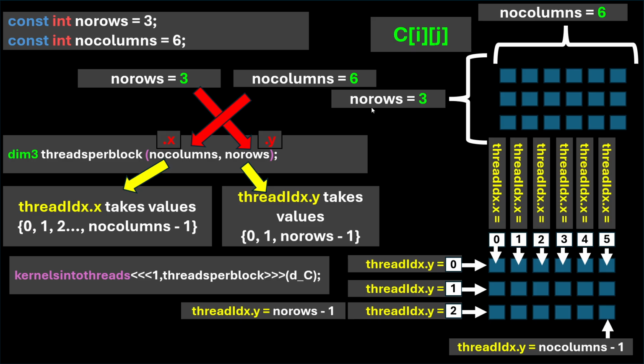And if we have number of rows 3, threadIdx.epsilon takes values up to number of rows minus 1, so 0 to 2. The last ones are given here. Number of rows minus 1 is actually 2, and number of columns minus 1 is actually 5. And when we look at these numbers, it's getting obvious.